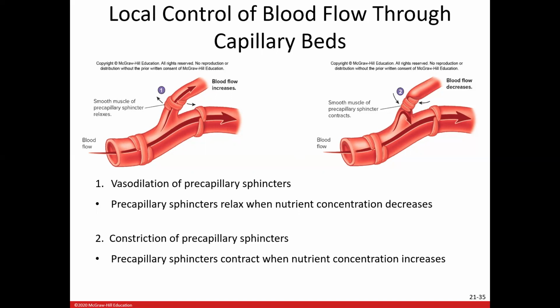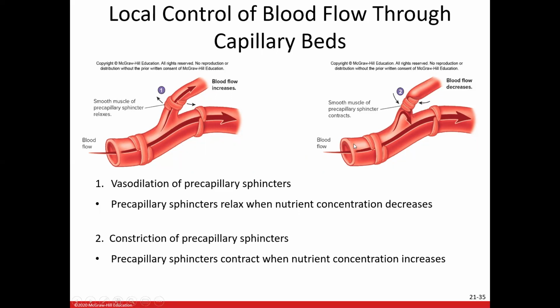So if we have nutrients that need to get to the tissues of whatever organ or organ system we're surrounding, those precapillary sphincters are going to relax and cause vasodilation. So we can have an increase in nutrient-rich blood go through those channels and make their way to those tissues.